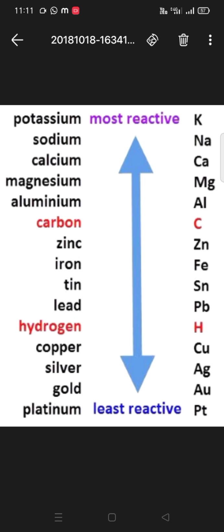If you observe the reactivity series, at the top we have the explosive elements, sodium and potassium. They react very rashly, very quickly.